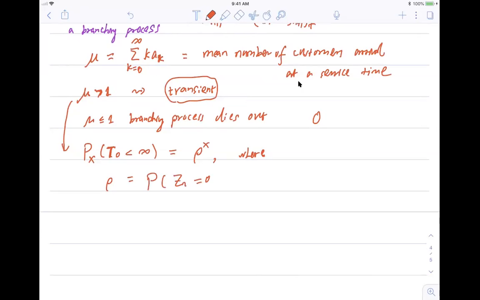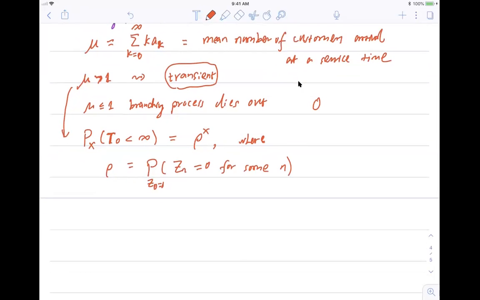We're starting from Z0 equals one. So rho is the probability that, starting from one individual, the branching process dies out.